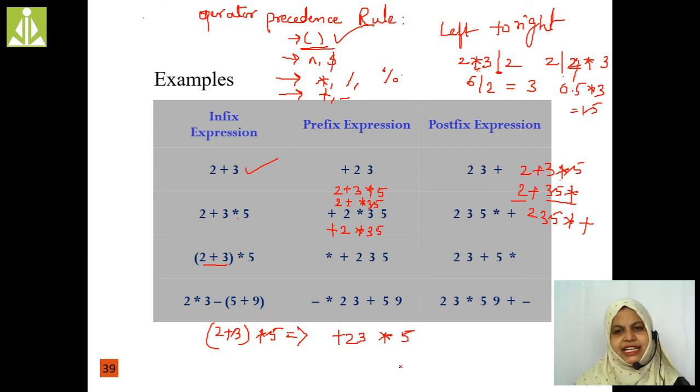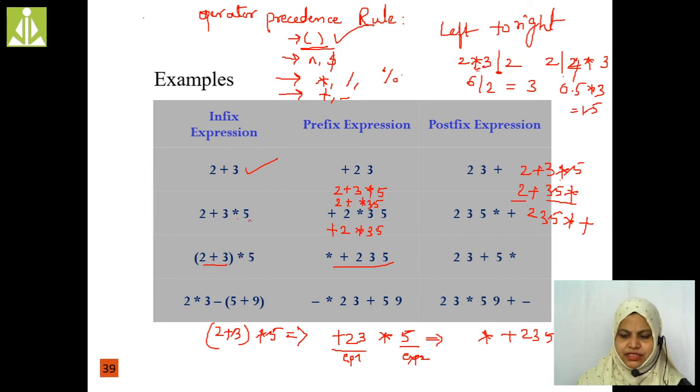After evaluating the expression, we have to remove the left and right parentheses. Now this is one expression and this is the second expression, so expression 1 into expression 2, which is equivalent to star plus 2 3 5.